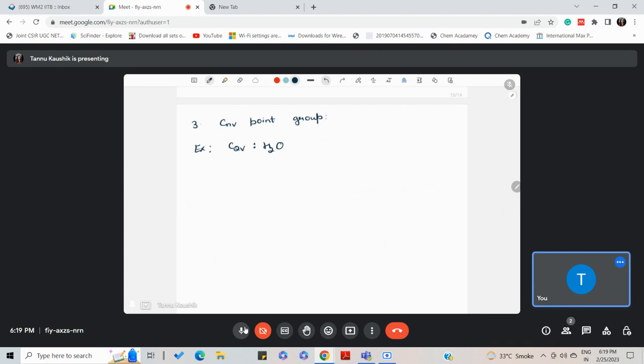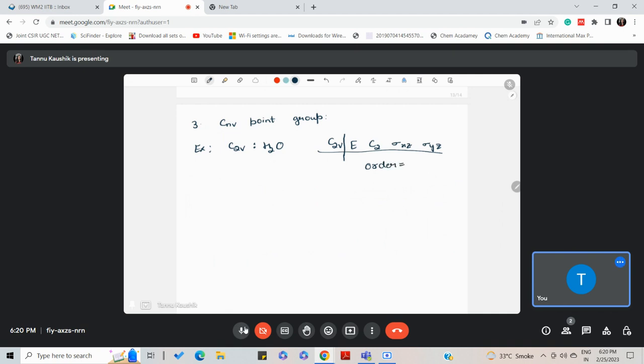It has operations E, C2, sigma xz, sigma yz.